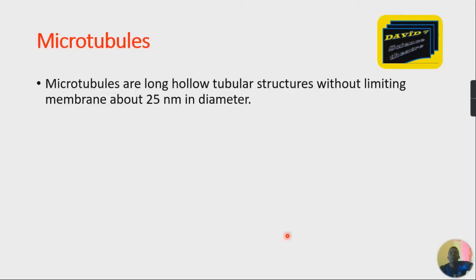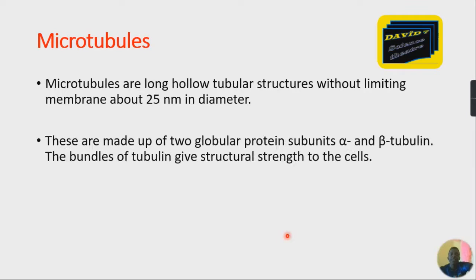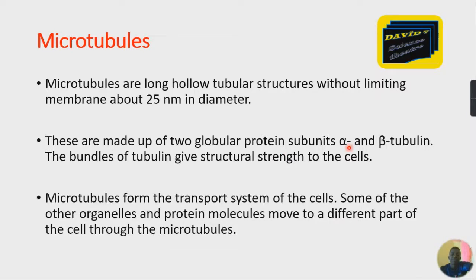So microfilaments are the smallest in diameter. If we start with microtubules, these are long hollow tubular structures without a limiting membrane. They are about 25 nanometers in diameter, and they are made up of two globular protein subunits, alpha and beta tubulin. The bundles of tubulin give structural strength to the cells.